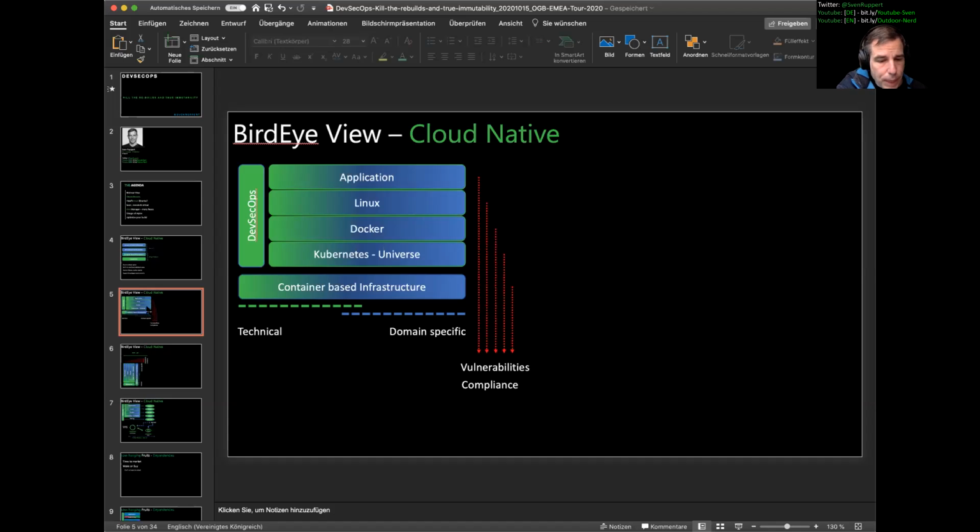What does it mean? It means that with every layer you're adding the possibility for vulnerabilities and compliance issues. And if you are looking at it like an onion, the heart is the application. And if there is some vulnerability or some compliance issue, then this will be more or less available over all layers.